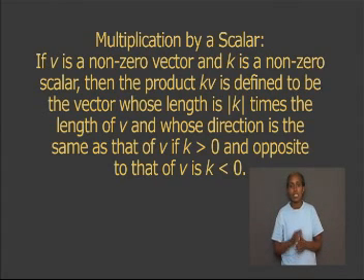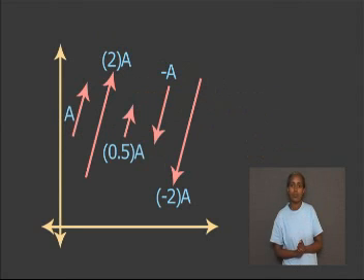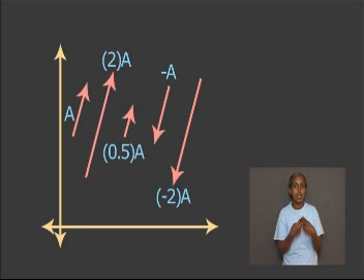The direction will be opposite if k is less than 0. Remember that a scalar expresses magnitude, while a vector expresses both magnitude and direction. Therefore, if a vector is multiplied by a positive scalar, the magnitude will be altered, not the direction.